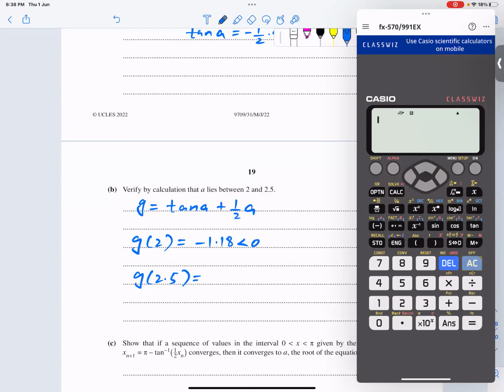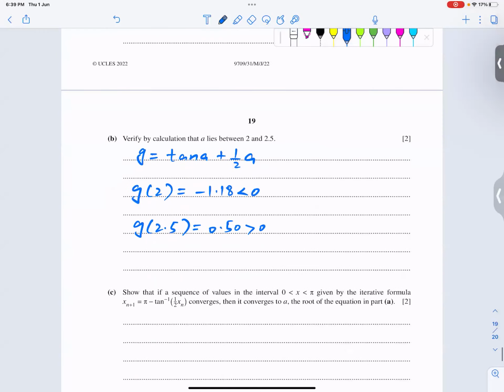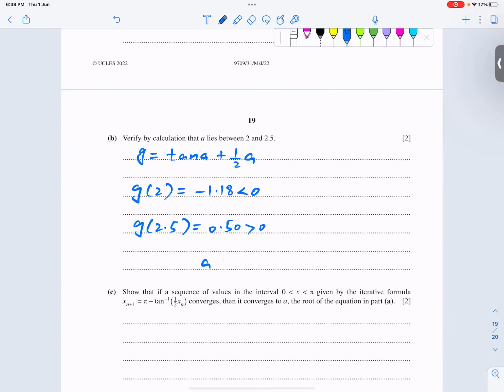And second is tan of 2.5 plus 1 divided by 2 times 2.5. This will be 0.50, which is positive. So it means the signs are changing, so a will be between 2 and 2.5.